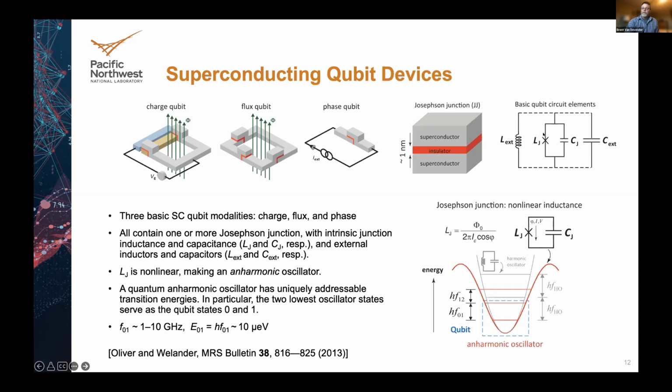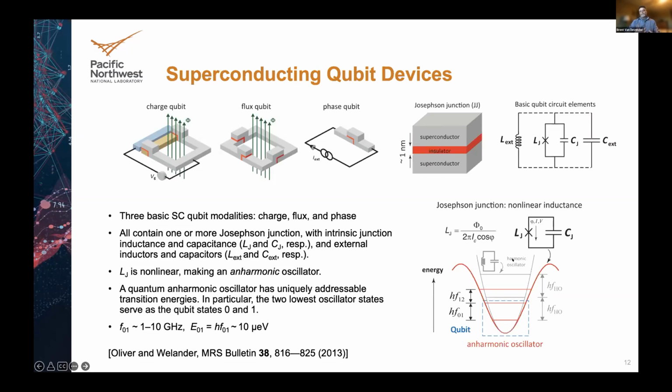Now, the basic qubit circuit element here on the top right is you have the Josephson junction itself. It has some inherent inductance and capacitance denoted with the J subscripts, and then it's embedded in a larger circuit with external inductors and capacitors. If you know anything about electronics, then you immediately recognize this circuit as an oscillator. But it's a special kind of oscillator because the Josephson inductance is nonlinear.